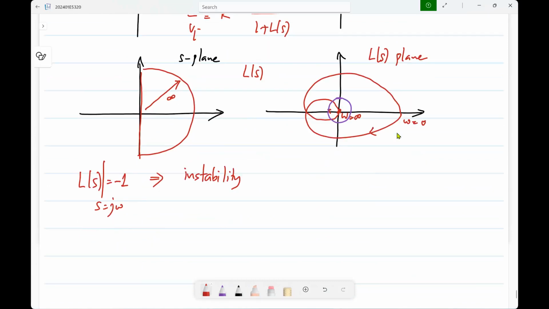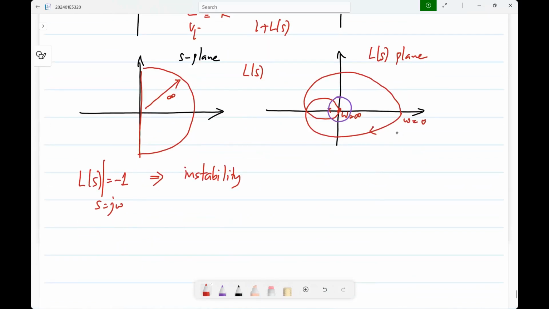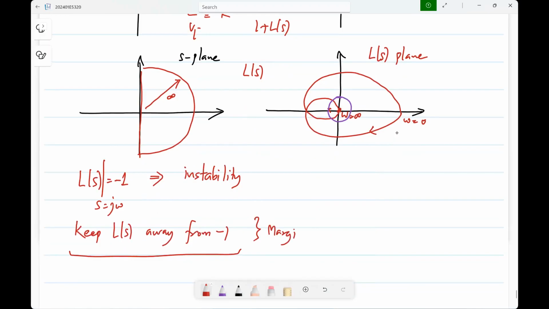So keep L of s away from minus 1. This is the margin criterion.